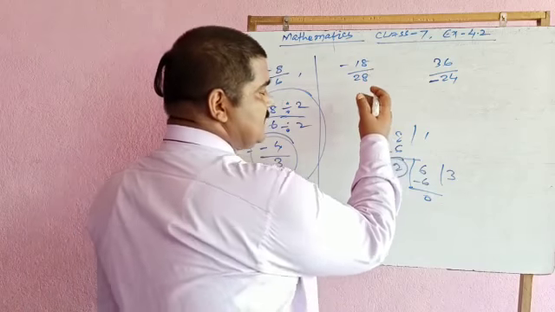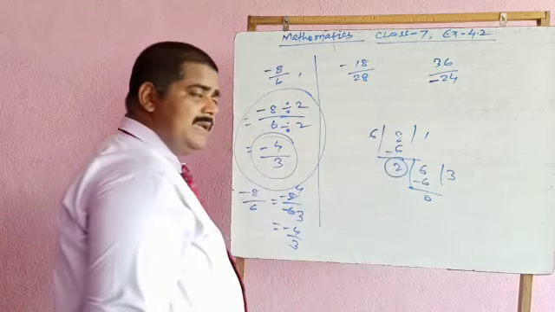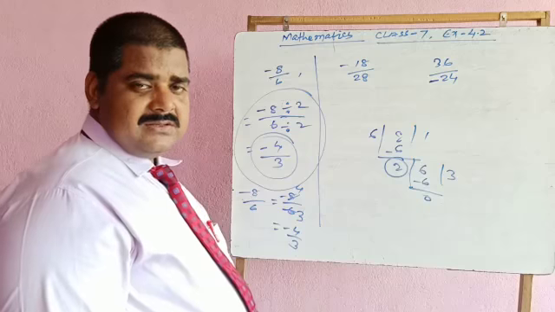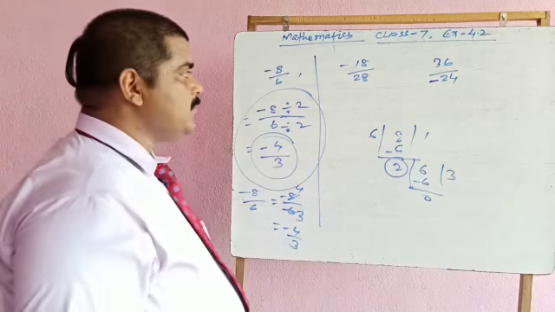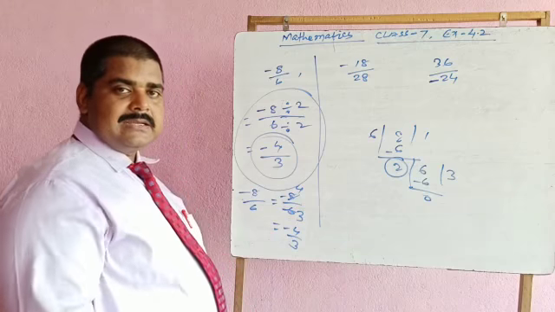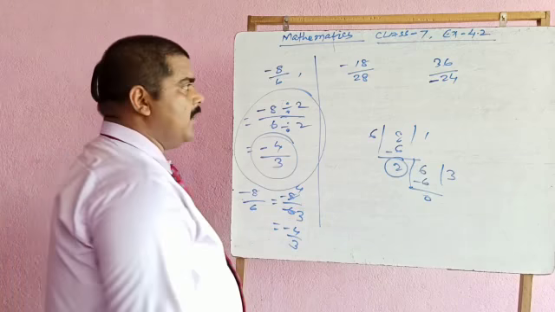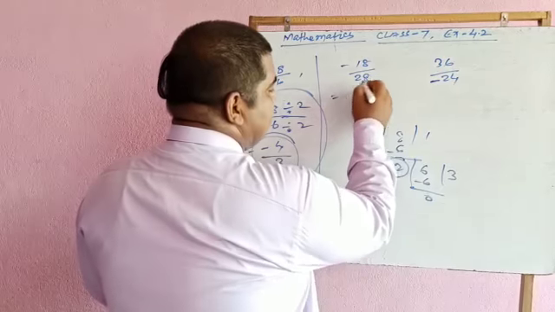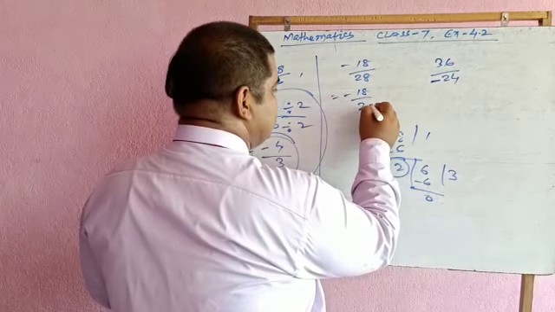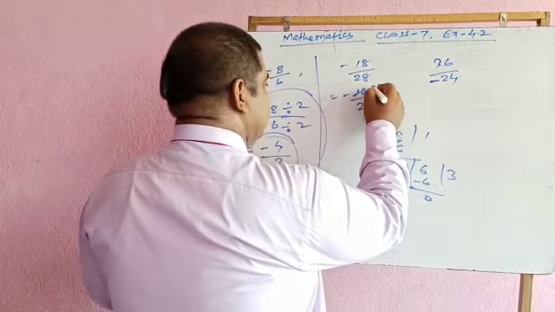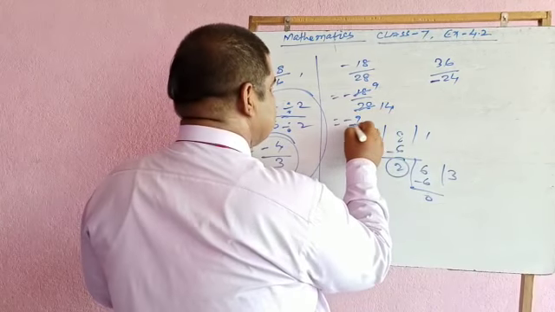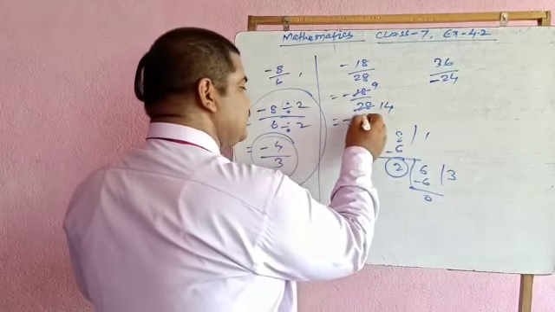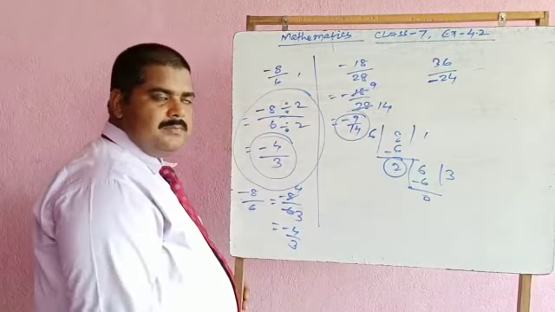Then check 18 and 28, it is not in simplest form. So you divide by 2 to get simplest form, minus 18 upon 28, and you get minus 9 upon 14. Actually this is in standard form.